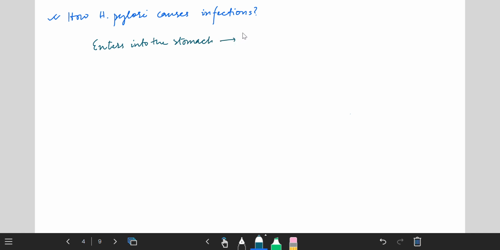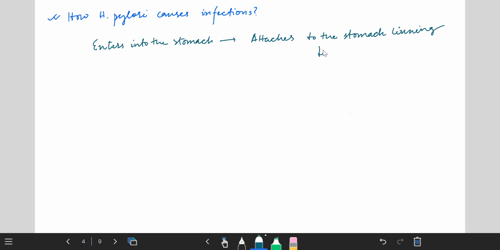It will attach to the stomach lining. Okay, after attaching to the stomach lining, it will obviously activate its cytoplasmic urease which will create a less acidic environment.